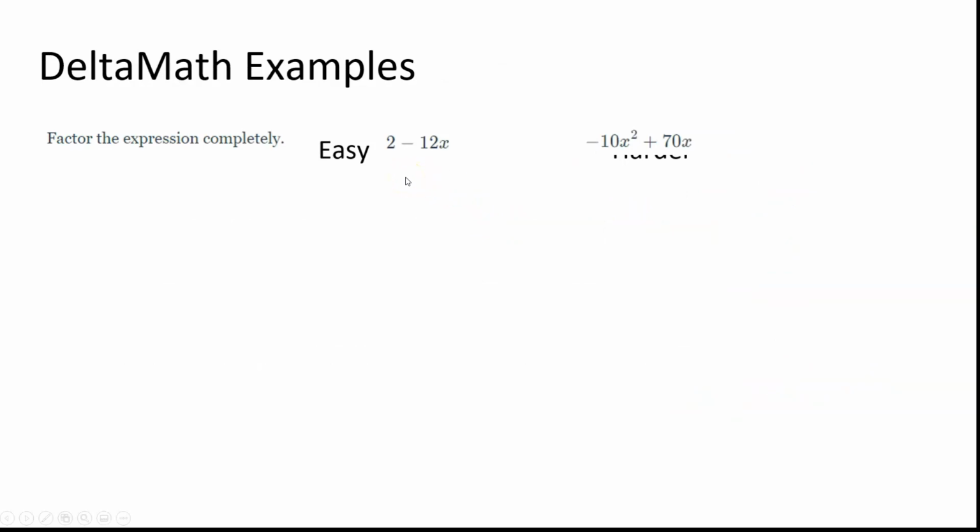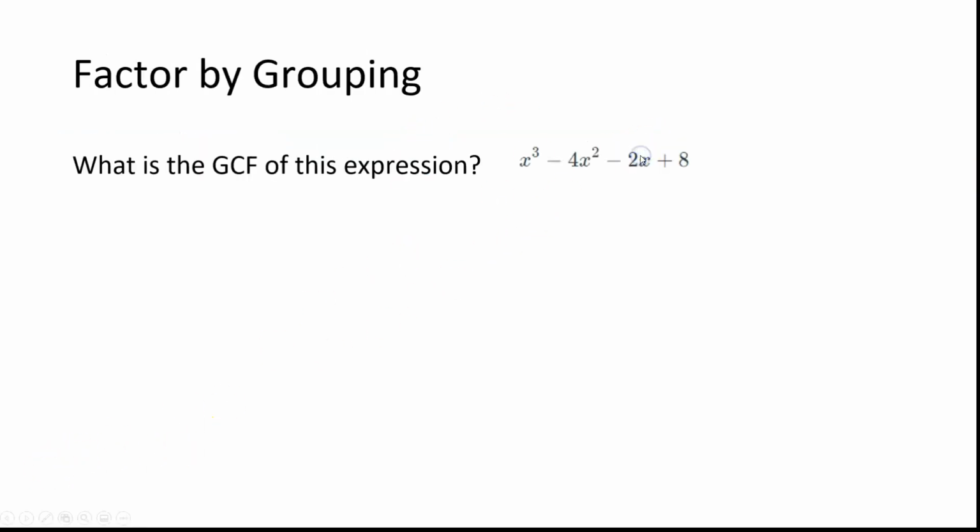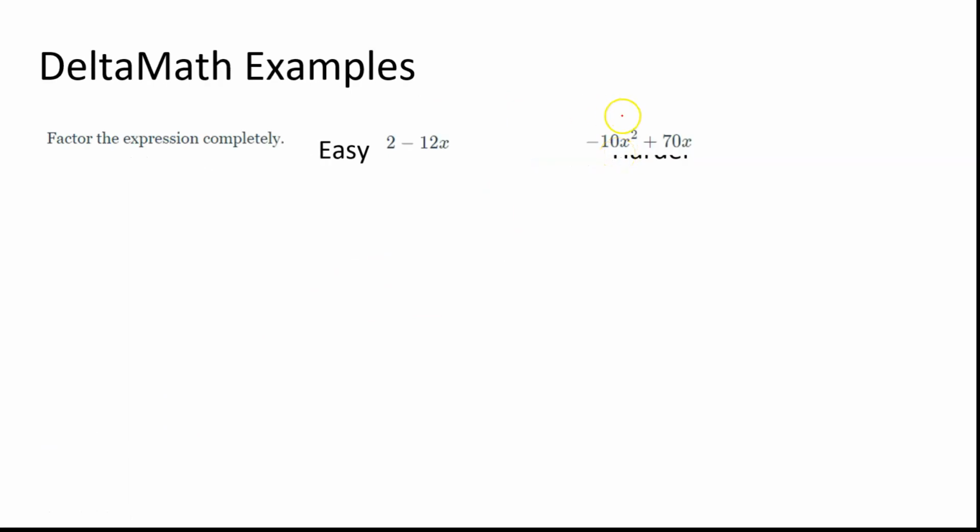So here are a couple of our examples from our homework. We have some simple ones, and then we have a slightly harder one, which is hidden by the way that this is formatted. Whoops. This is supposed to be our harder version right here. So let's do our first easy version first. I'm going to look at 2 minus 12x, and I'm going to look first, do they share an x? They do not. So I'm going to look for the biggest number that goes into both of them evenly.